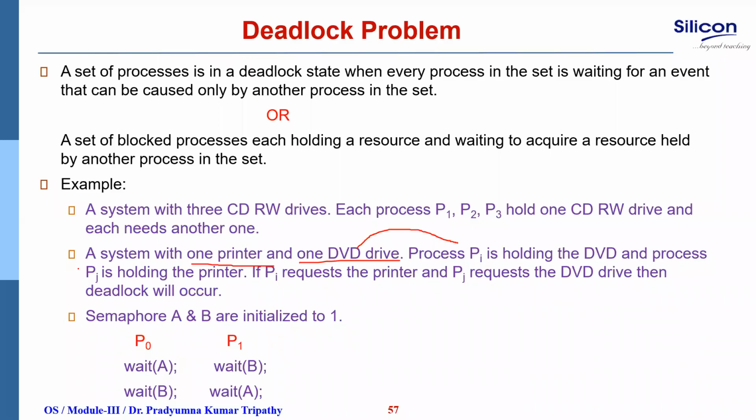The process PJ is holding the printer. Correct? If PI requests the printer and PJ requests the DVD drive, then deadlock will occur. This is exactly similar to the example that I have given from the Galvin book and Godbole book. Right?